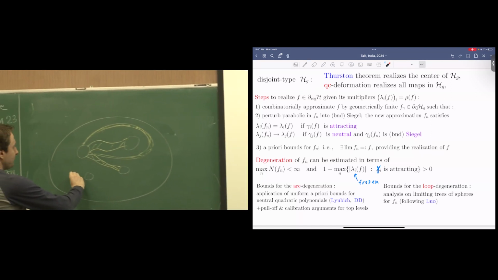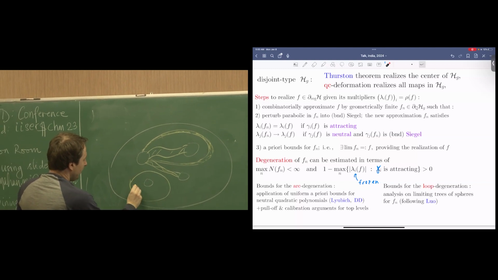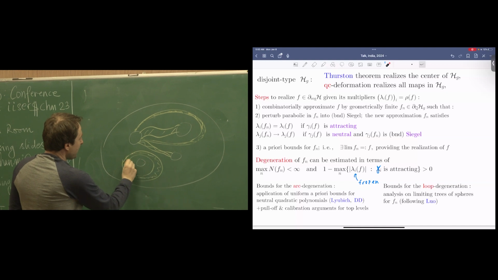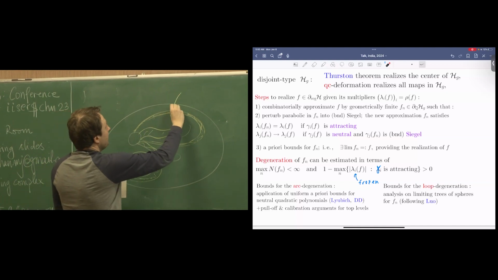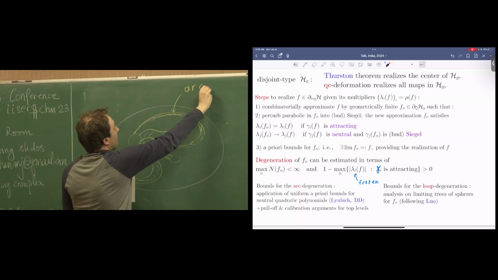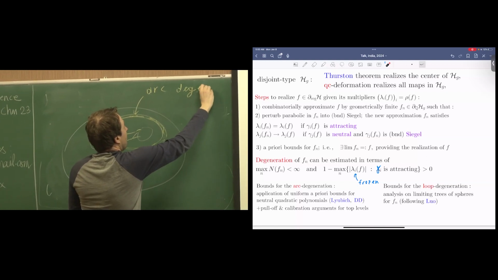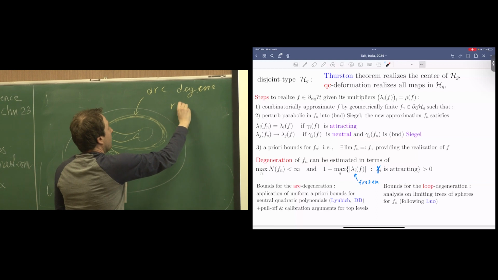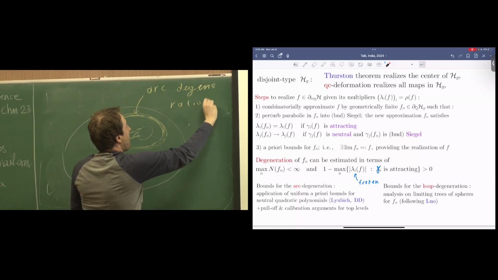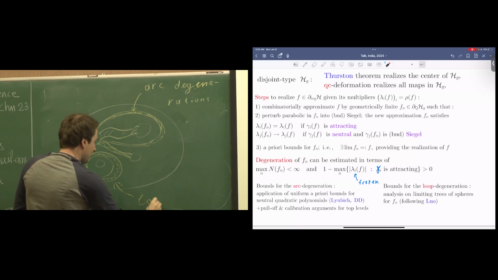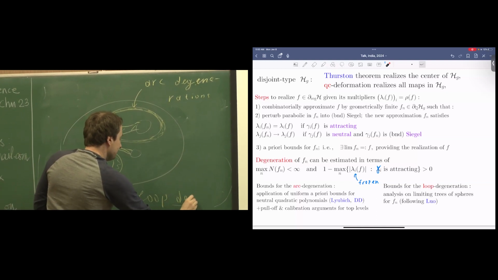But also, we should take care of loop degenerations. So these are arc degenerations, and these are loop degenerations.